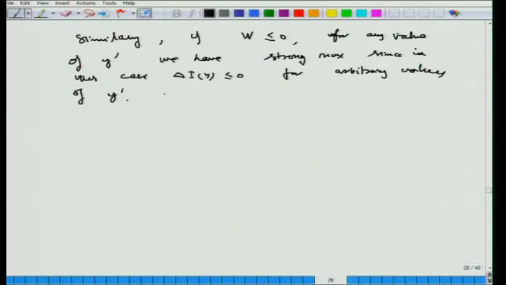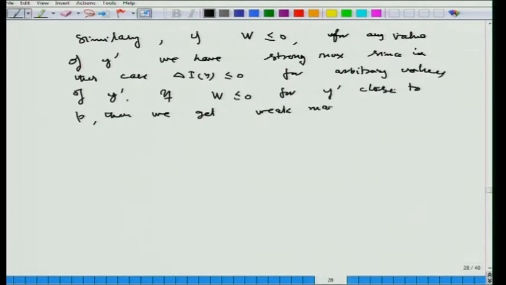If w is less than or equal to 0 for y prime close to p, then we get a weak maximum.